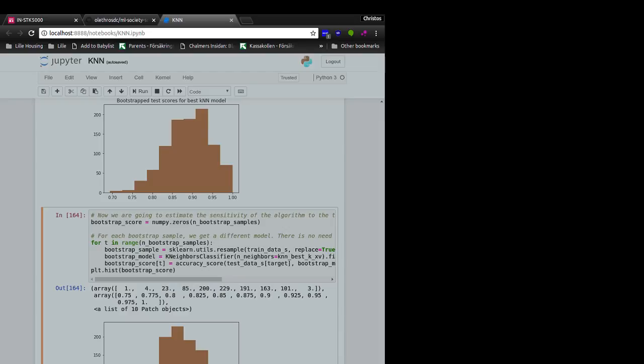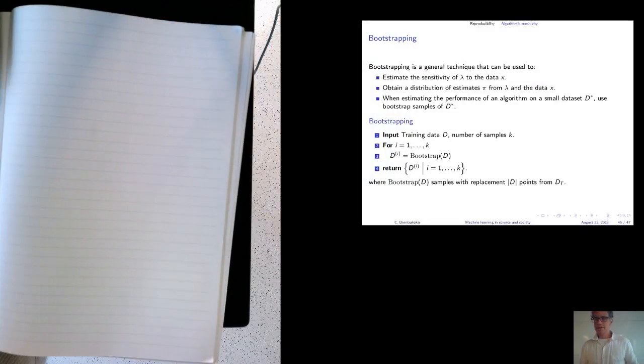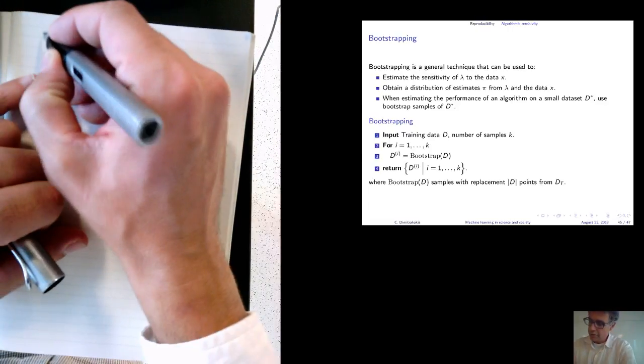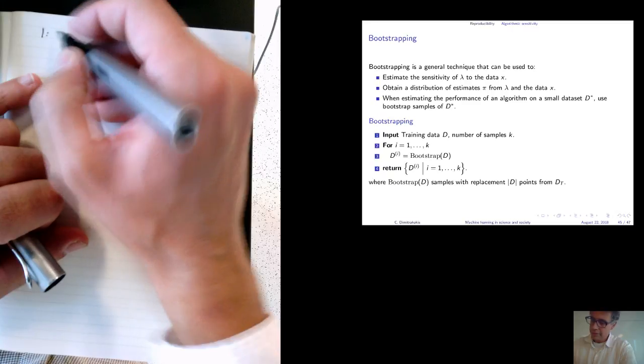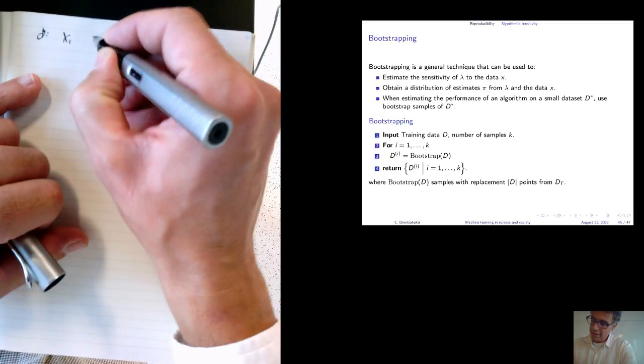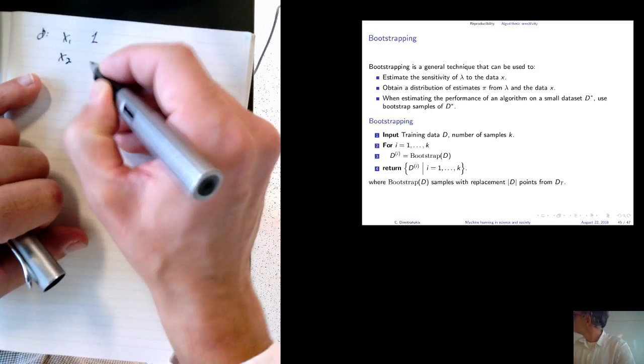Let's try and guess that, right? So how would that work? So have one example, let's say x1 and class 1, and then another example with x2 and class 2.